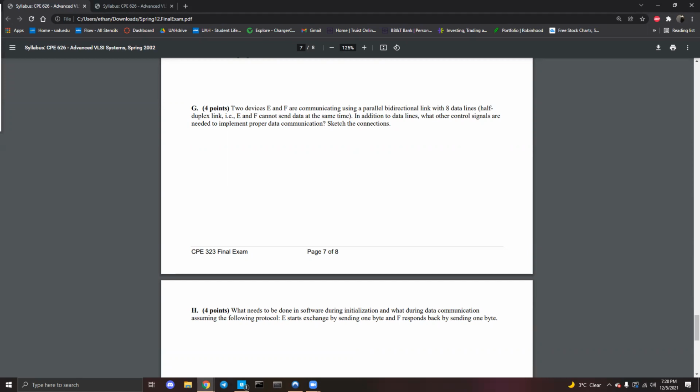For both devices, he has an E to F ready line, an F to E busy line, an acknowledge F to E, an F to E ready line, and an F to E acknowledge. But there's acknowledge actually twice, so there's 4 total. But he messed one of those up. It should be E to F acknowledge, but oh well.